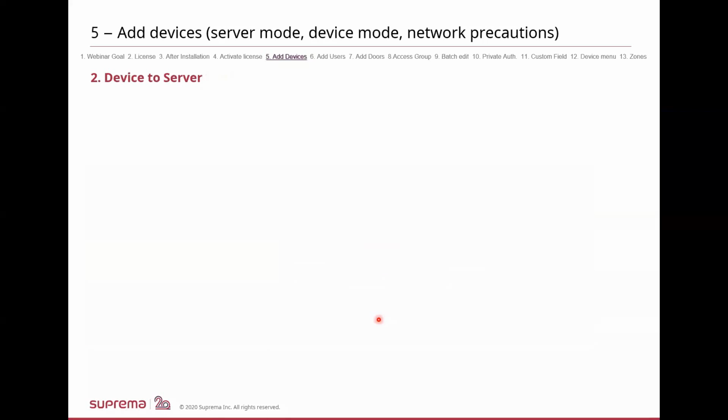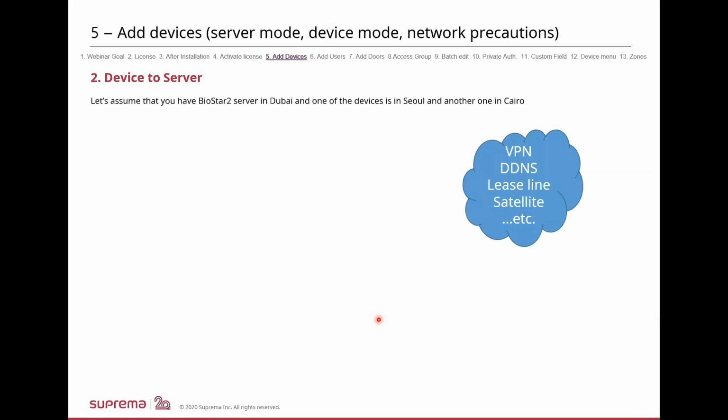Now, let's go to the second one, which is device to server. To make it simple for you to understand, let's assume that you have the BioStar 2 server in Dubai, one of the devices in Seoul, in Korea, and another device in Cairo. So you will have your network.